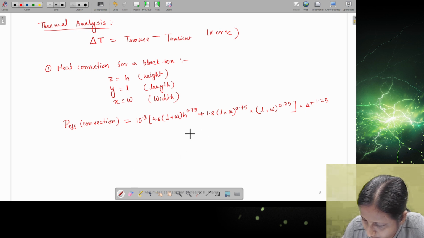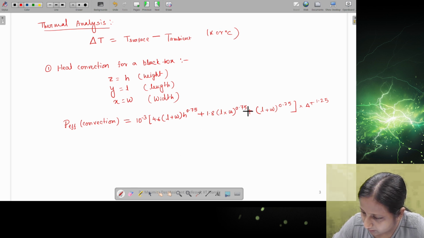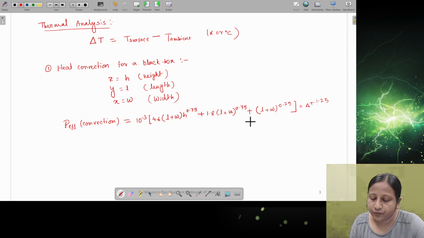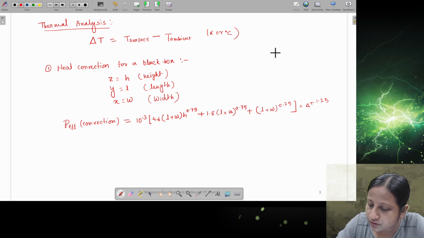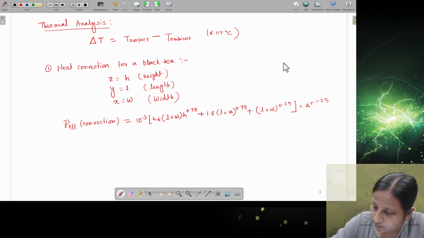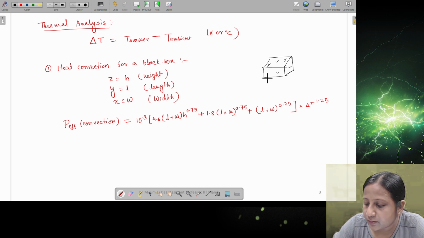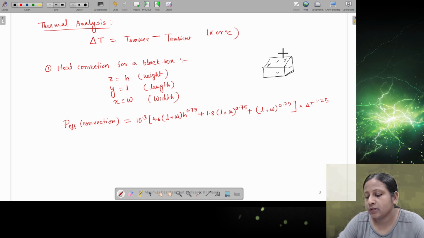You can see from here the length, height and width of any system, basically the box I have drawn on the previous page, which has six different sides, out of which these five sides, you can see this one, this one, this one, and the other two sides, these five sides, since the bottom one will be connected, will be used as the T surface, where it will be effective through convection.